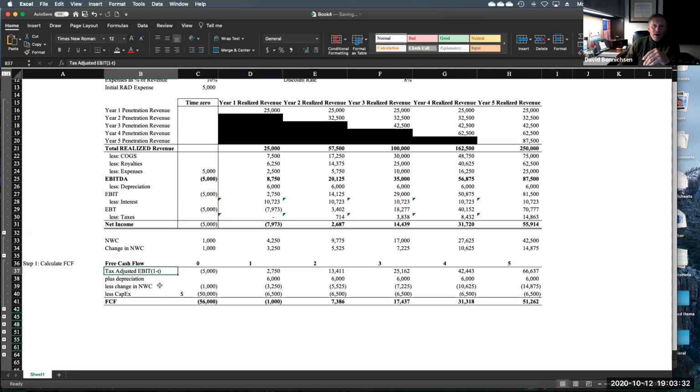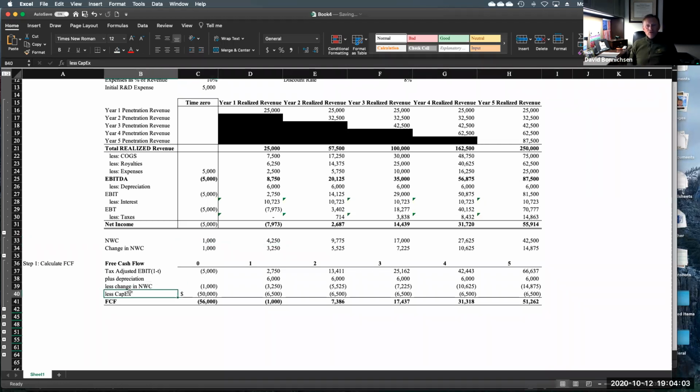EBIT minus our taxes. Clearly we have to add back depreciation, because that's a non-cash item. And then we subtract out the change in working capital year over year, because that impacts our cash flow. If we have an increase in net working capital year over year, it means it's costing us more money to run our business. So we have less free cash flow on hand.